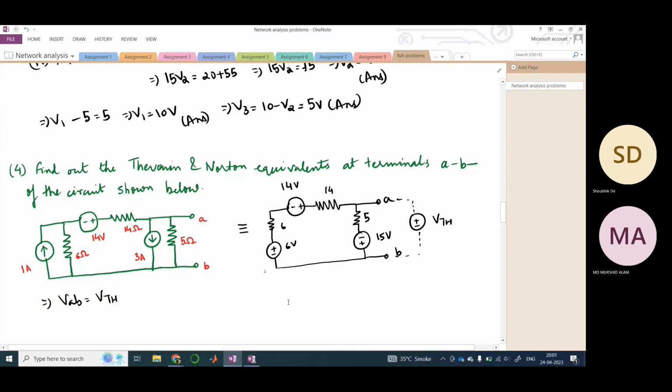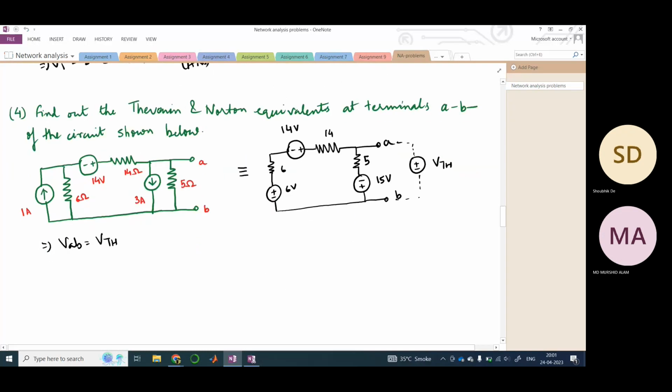So this is a simple mesh analysis, right? We need to find out the current using the simple KVL rule, but can you tell me what would be the VTH value here using the 5 ohm resistor only?